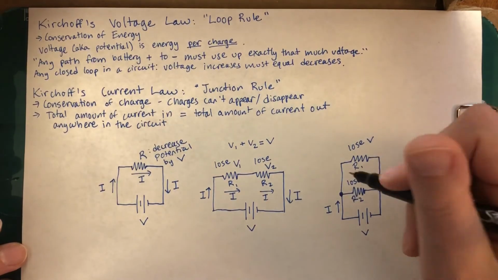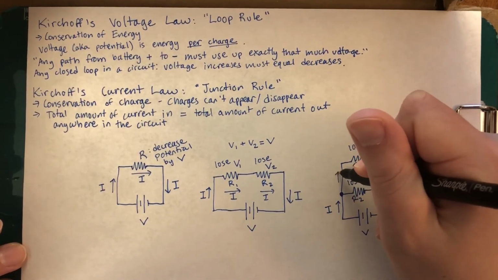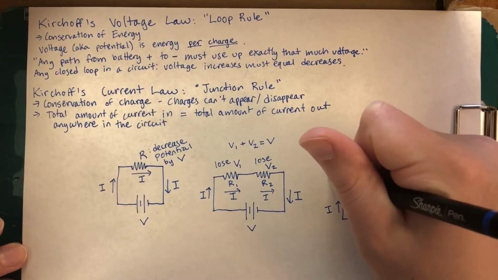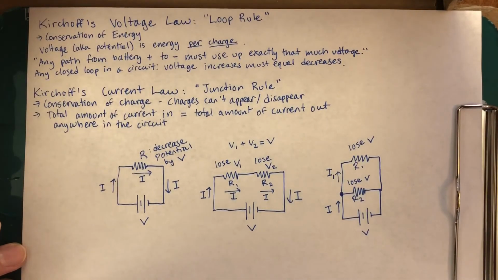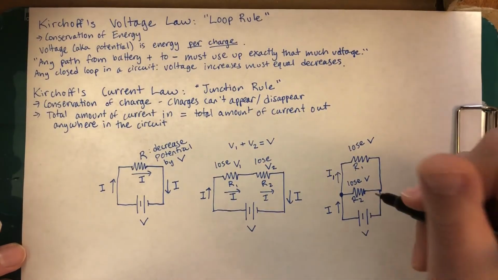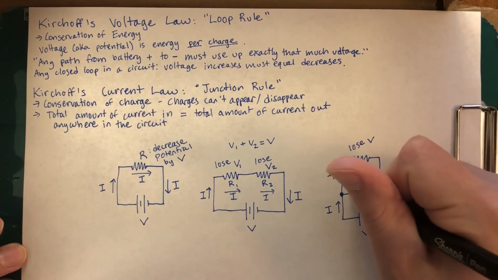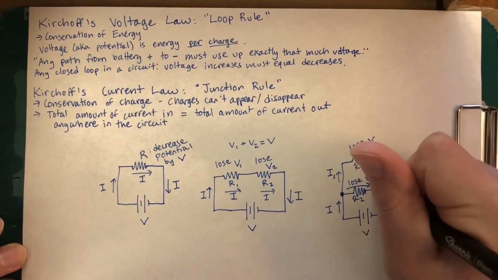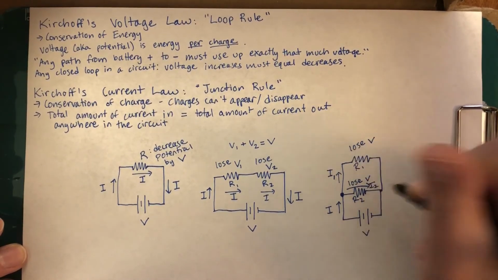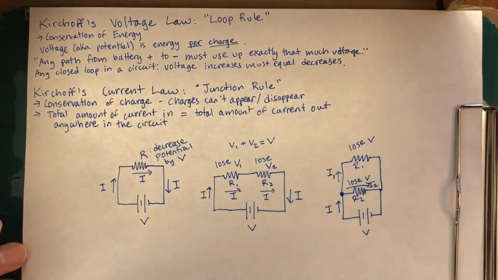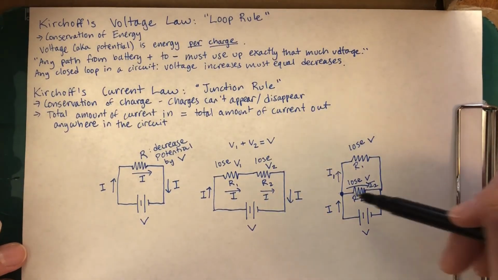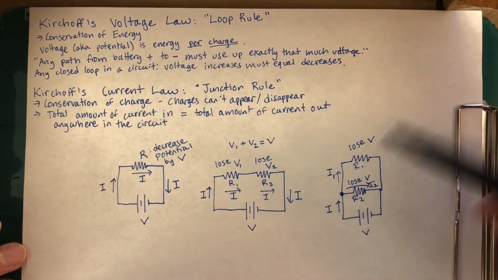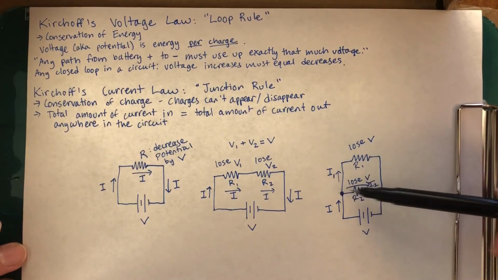meaning that we're going to get some amount of current going this way, and then we're going to get some other amount of current going through this branch of the circuit. We have some current coming in. Some of it goes this way, some of it goes this way.